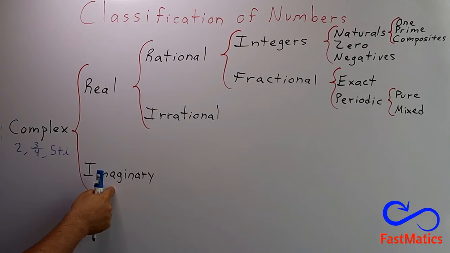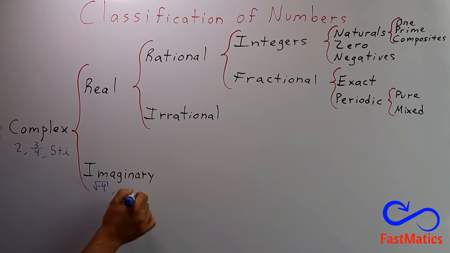Imaginary numbers are those that come from roots, but negatives into a root. Square root of -4, fourth root of -1, etc.